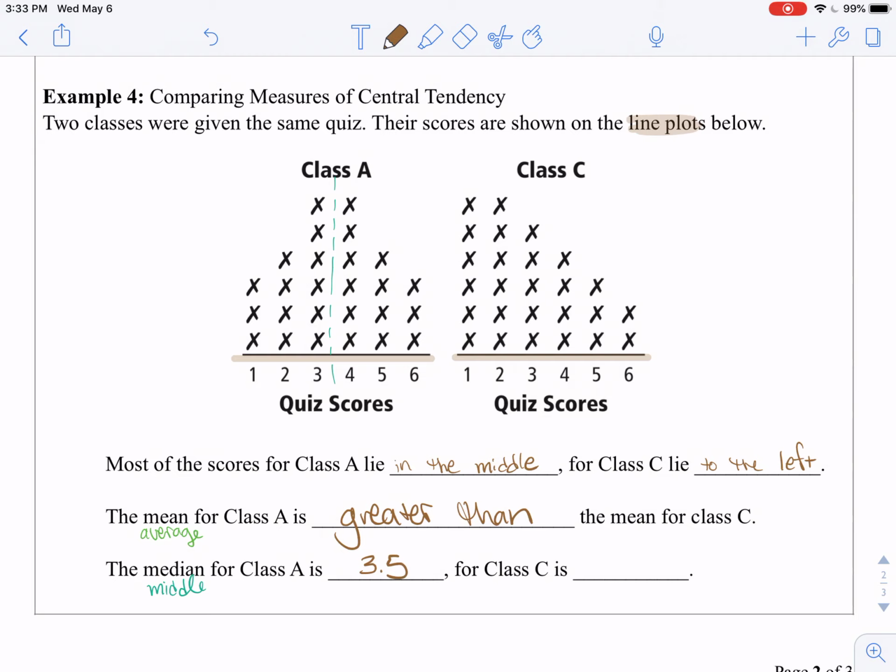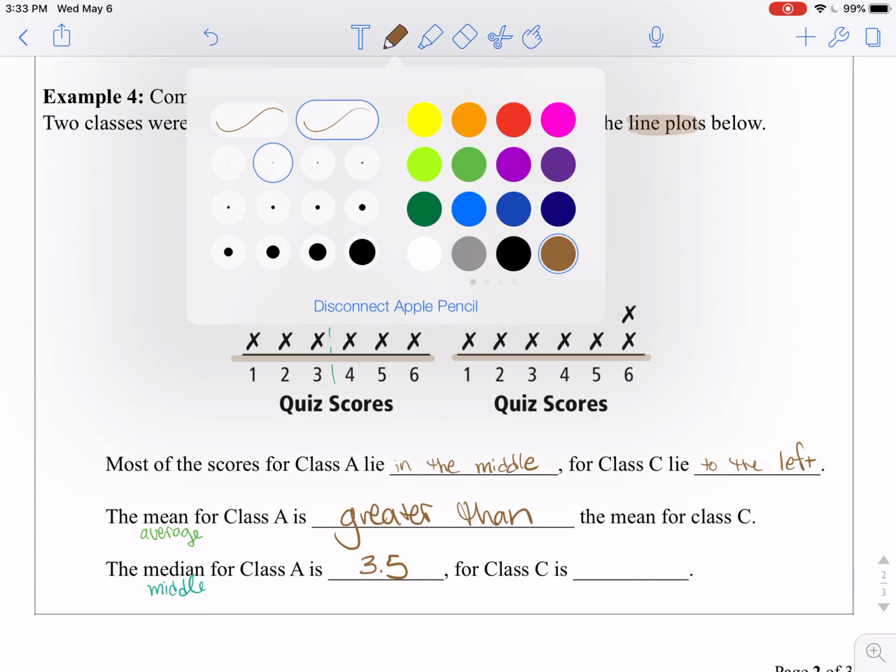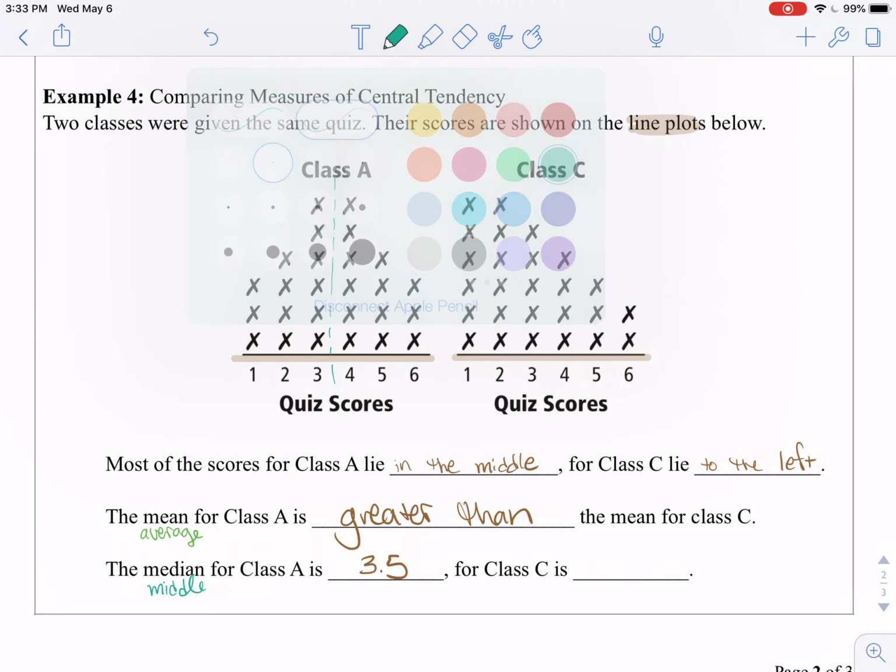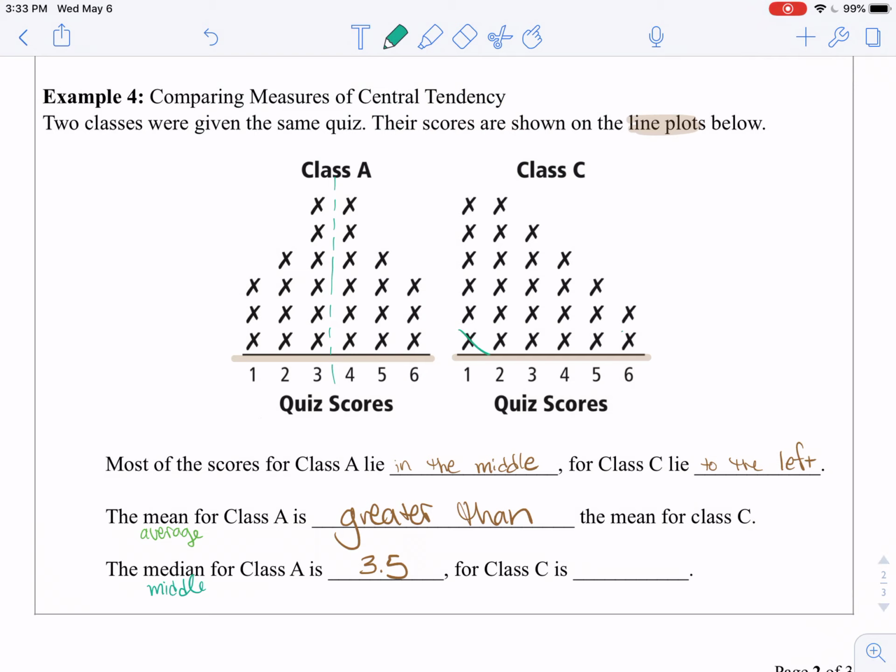But the median for Class C is going to be a little trickier to find. So what we can do is what we did earlier. To find the median, you're just going to cross them off until you find a middle. So we go 1, 1, 2, 2, 3, 3, 4, 4. And you just keep going until you get a value in the middle. And it's going to be 3.